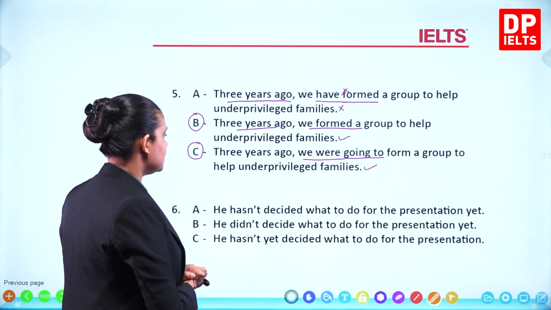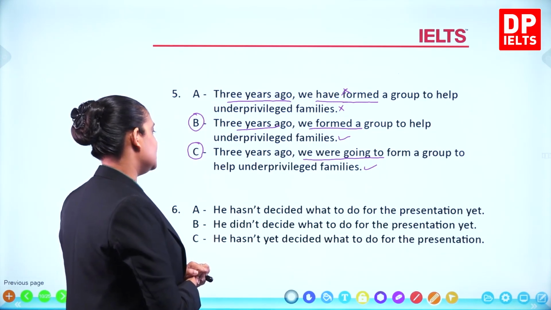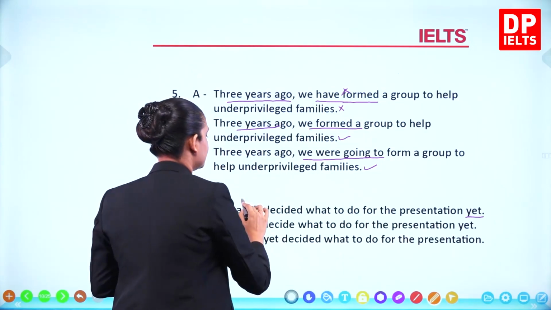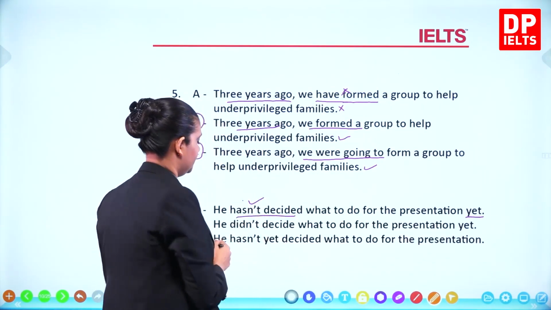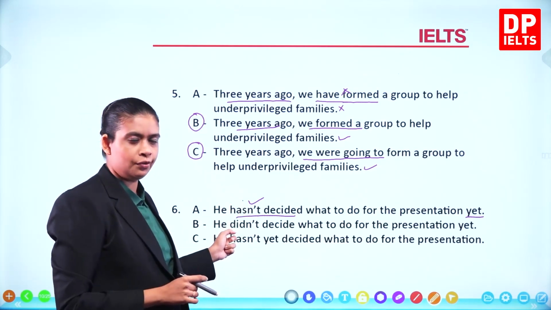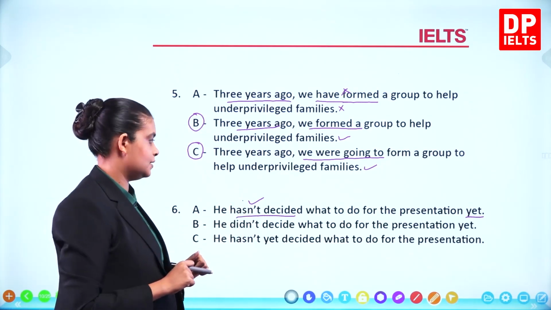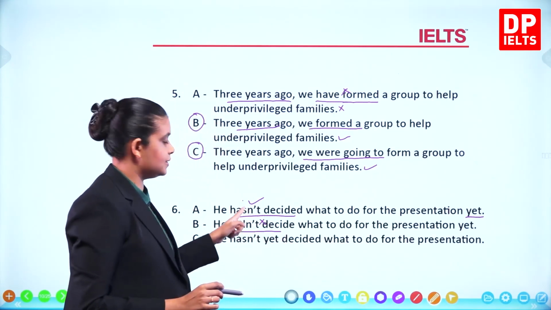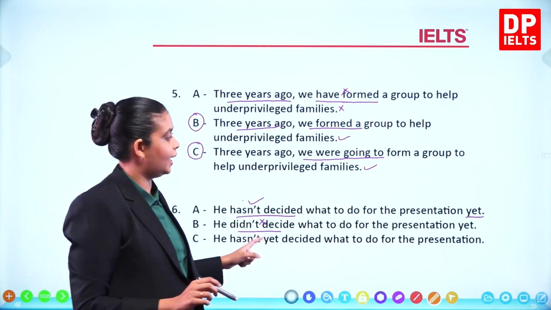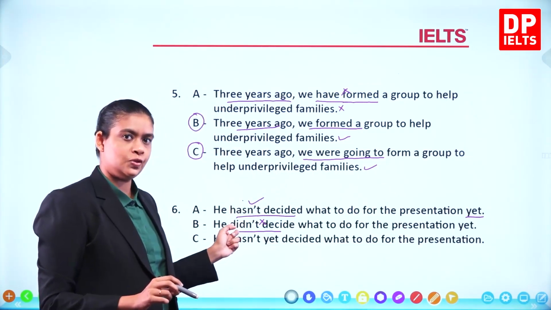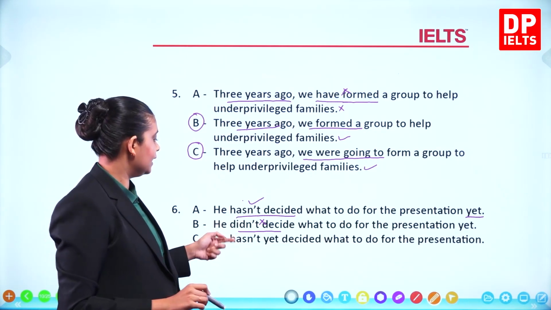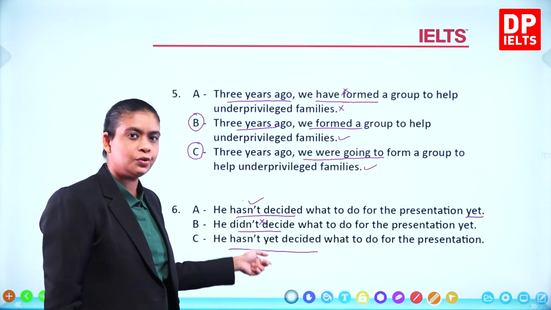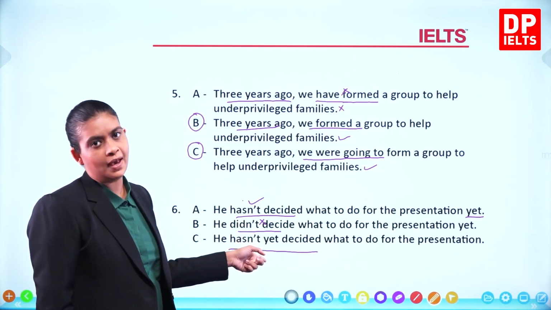"He hasn't decided what to do for the presentation yet." Perfect. "Yet" is at the end. "Hasn't decided" is there because "yet" comes along with the present perfect tense. "Didn't decide" is wrong, because "didn't" is a simple past tense and "yet" cannot be used with that. "He hasn't yet decided" is fine, because "yet" could come after the auxiliary verb as well.